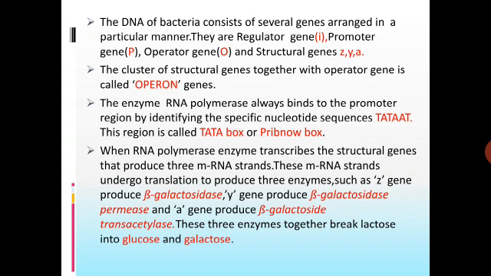So the cluster of structural genes together with the operator gene is called the operon. When RNA polymerase enzyme transcribes the structural genes, it produces 3 mRNA strands. These mRNA strands undergo translation to produce 3 enzymes: the Z gene produces beta galactosidase, the Y gene produces beta galactoside permease and the A gene produces beta galactoside transacetylase.